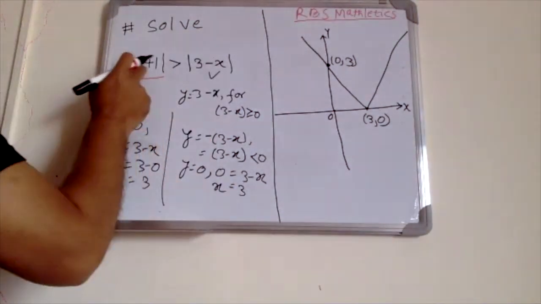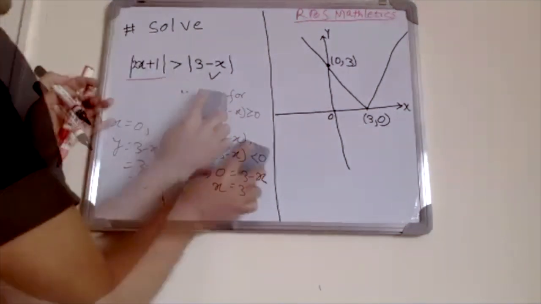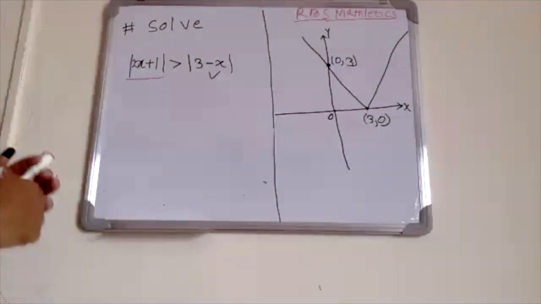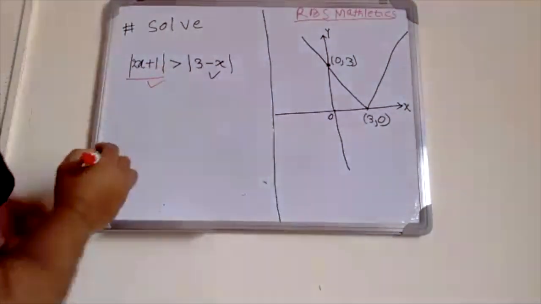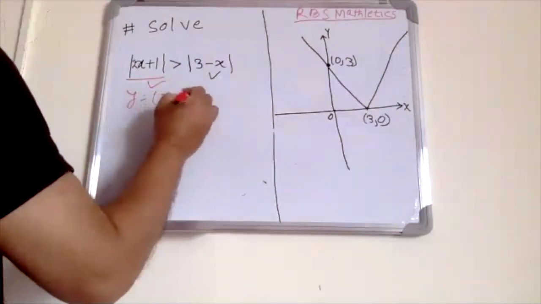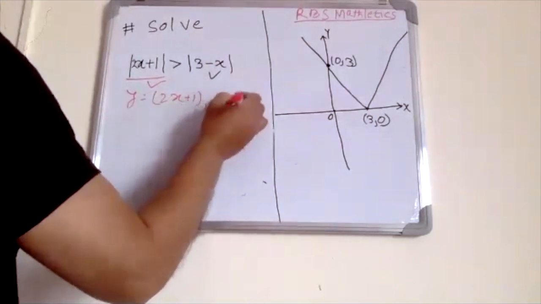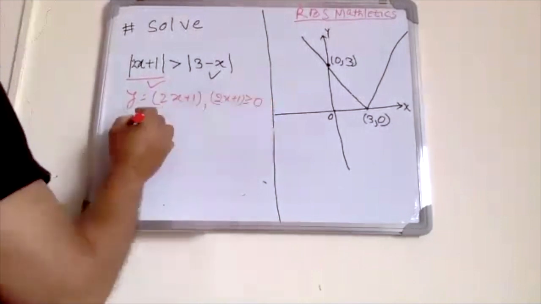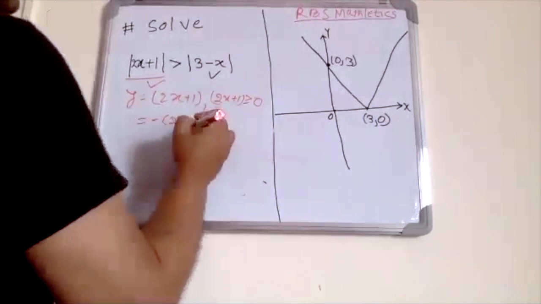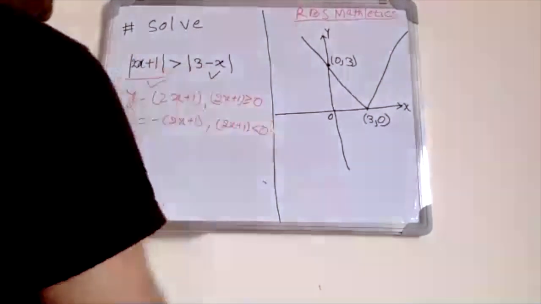Now I'll draw the graph for 2x plus 1 under the modulus sign. In this case, you again have two things: y equals 2x plus 1 for 2x plus 1 greater than or equal to 0, and y equals minus 2x plus 1 for 2x plus 1 less than 0.